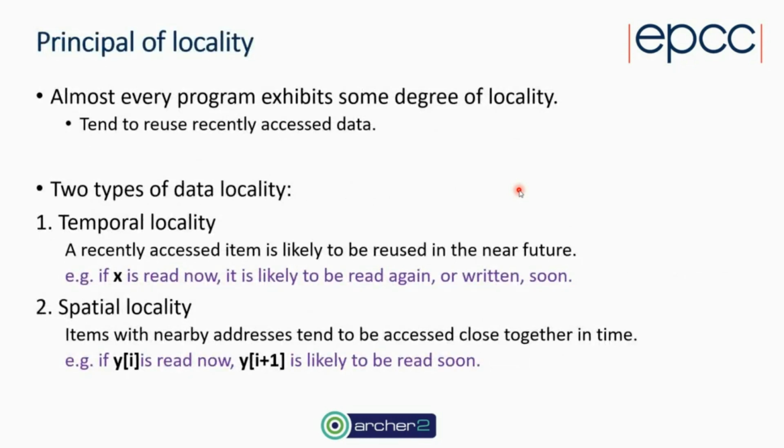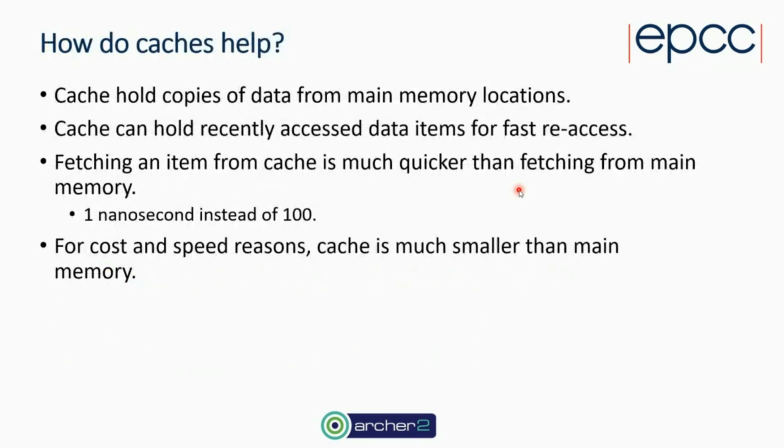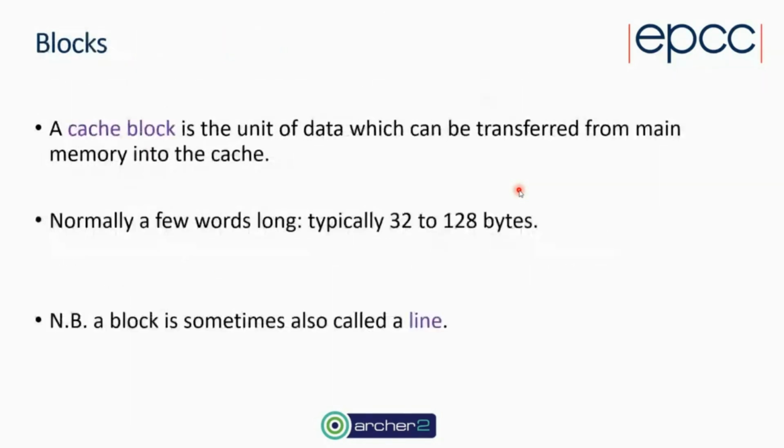So as I already discussed, caches and prefetching work on this idea of locality, and are very important for speeding up data accesses. Now, caches work on the idea of blocks or cache lines.